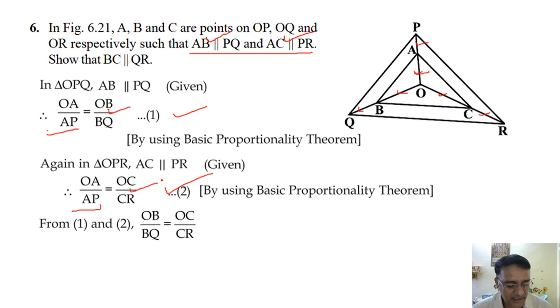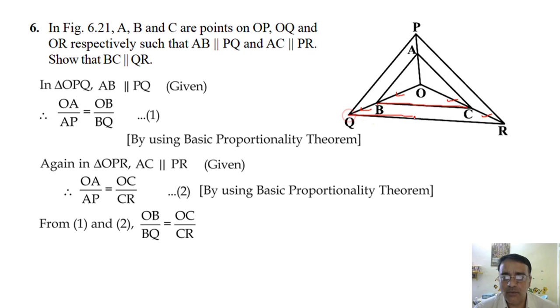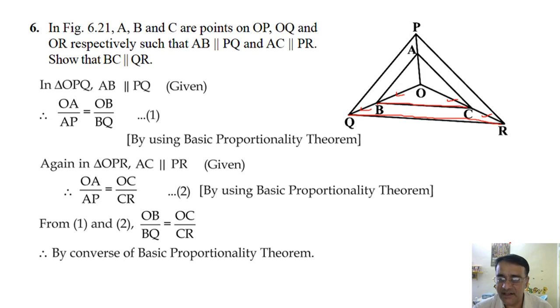Right, now in triangle OQR, OB upon BQ is equals to OC upon CR, so we can conclude BC is parallel to QR. Why? By converse of basic proportionality theorem, we can conclude BC is parallel to QR.